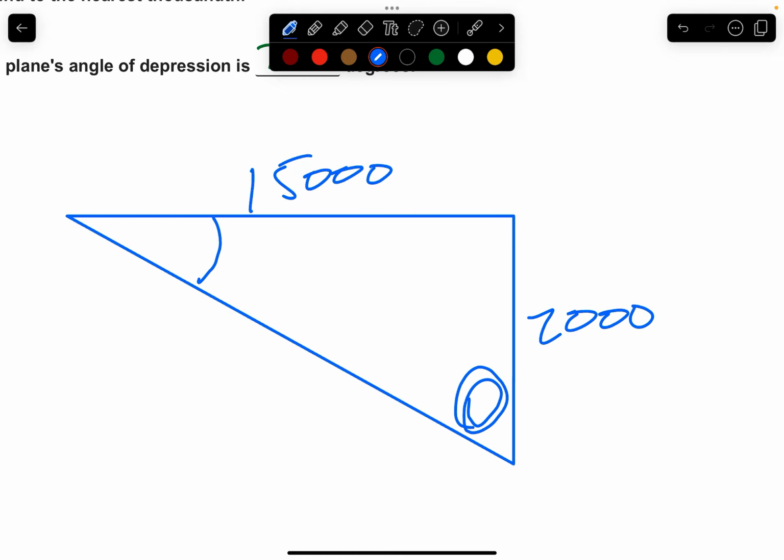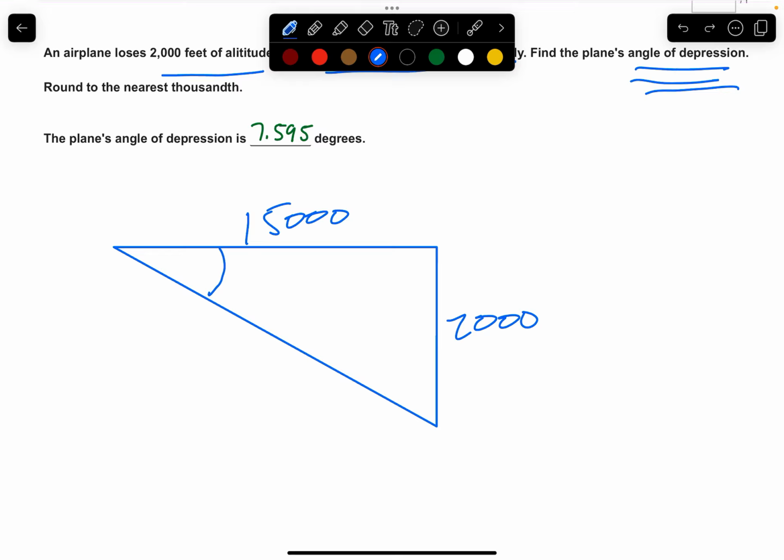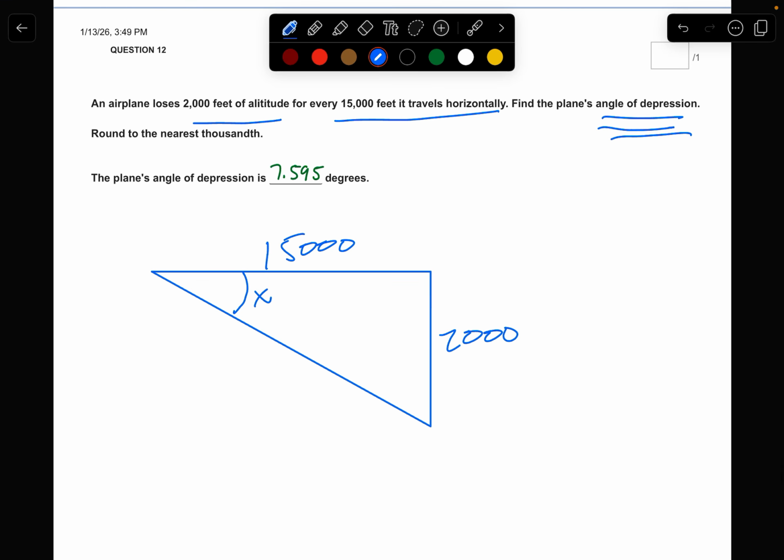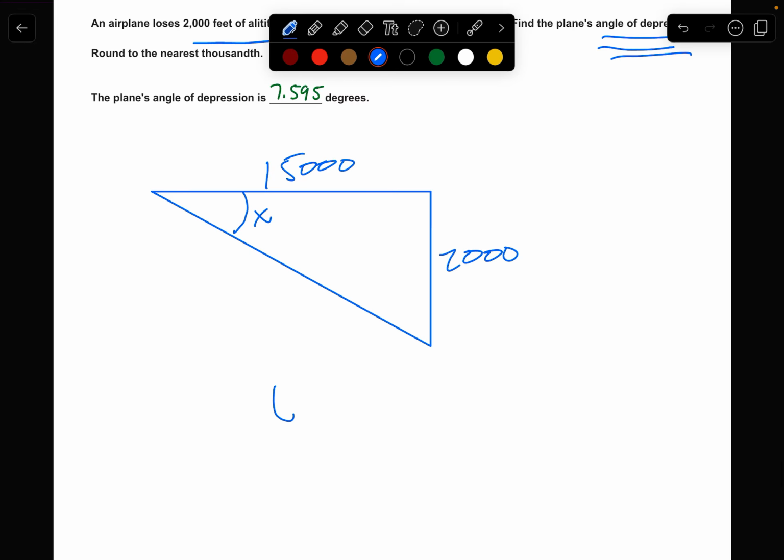This is not an angle of depression or elevation. This is an angle of depression, the one I marked. So that's what we're looking for. What is the number of degrees below the horizontal line? So this would be a tangent question. The tangent of x equals opposite over adjacent.